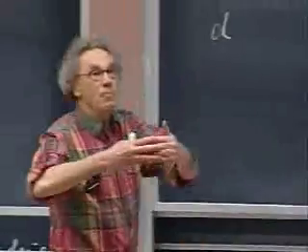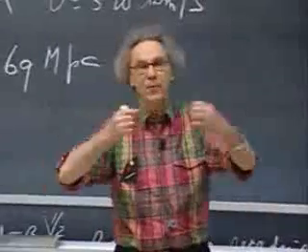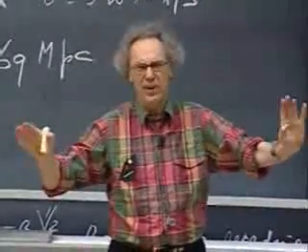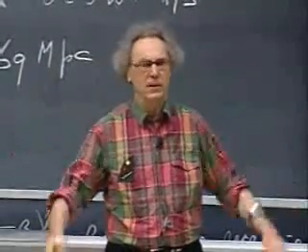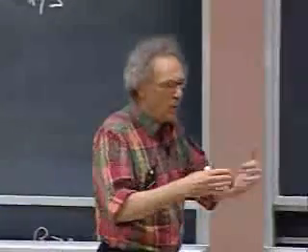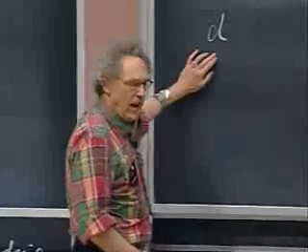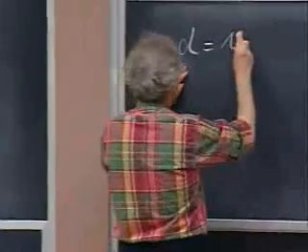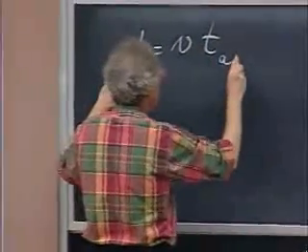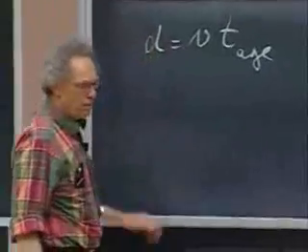And let's assume that they have been going away from each other always with the same velocity. Let's assume that now for simplicity. So if they always went away with the same velocity from each other, then the distance that they are now today is their velocity times the time t, which is then the age of the universe.